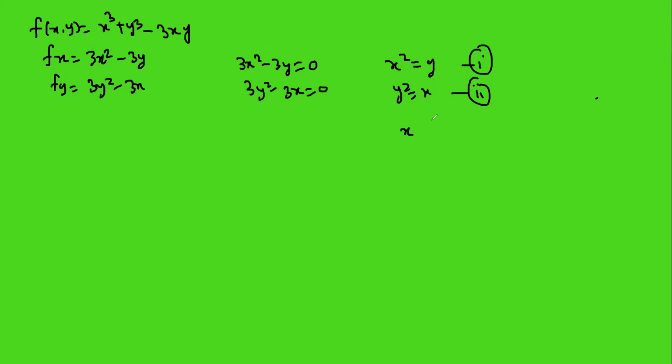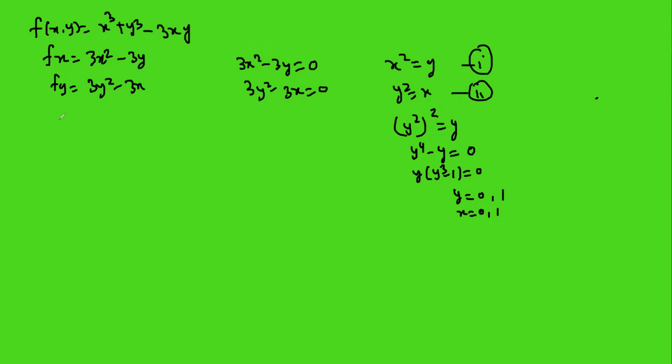Okay, wait. x is what? y square. So from here you get y raised to 4 minus y is equal to 0, right? Anyhow you can solve: y is equal to 0, y is equal to 1. If we put y equal to 0, x will be 0, and x is equal to 1 on putting 1.